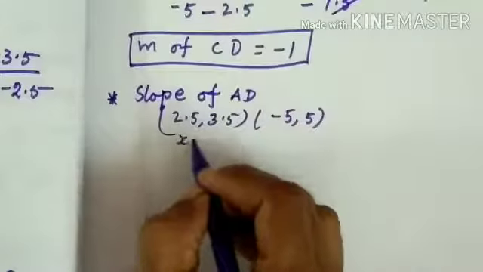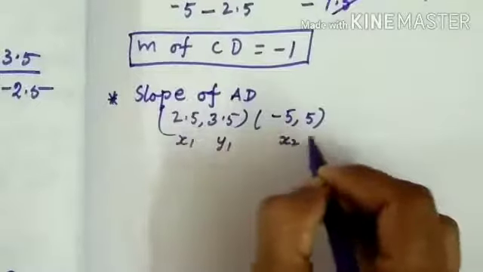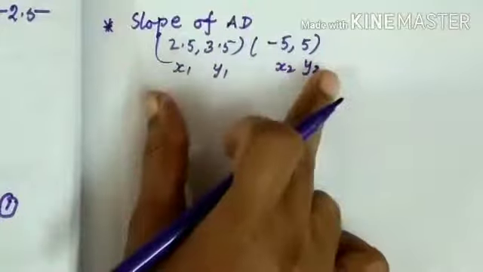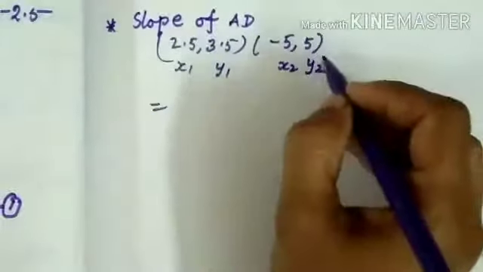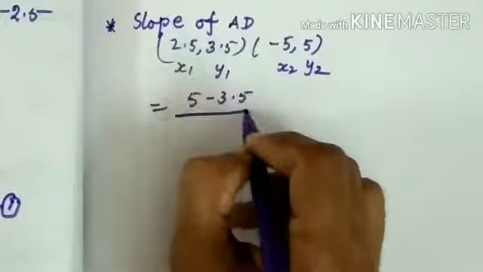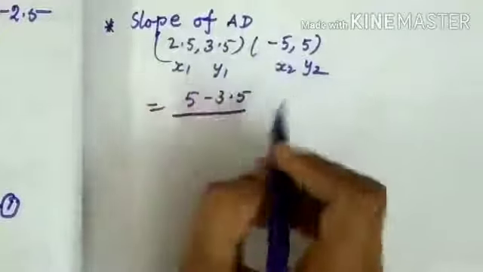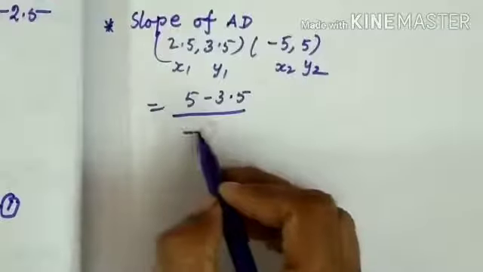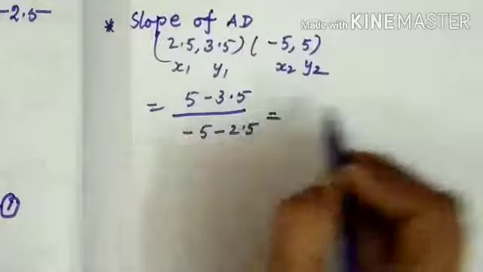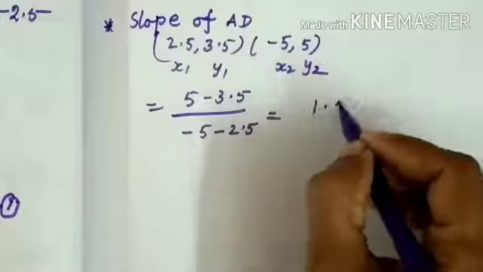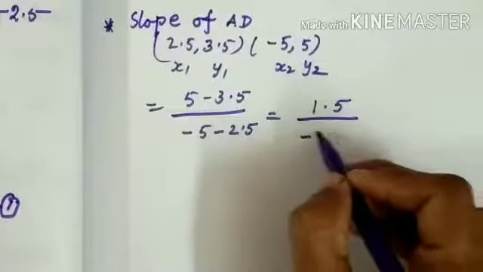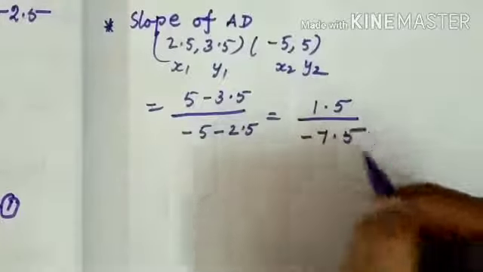Let us assume x1, y1, x2, y2. Now you have to apply these points on the formula, means we get (y2 minus y1) 5 minus 3.5 by (x2 minus x1), that is minus 5 minus 2.5, that is equal to 1.5 by minus 7.5.